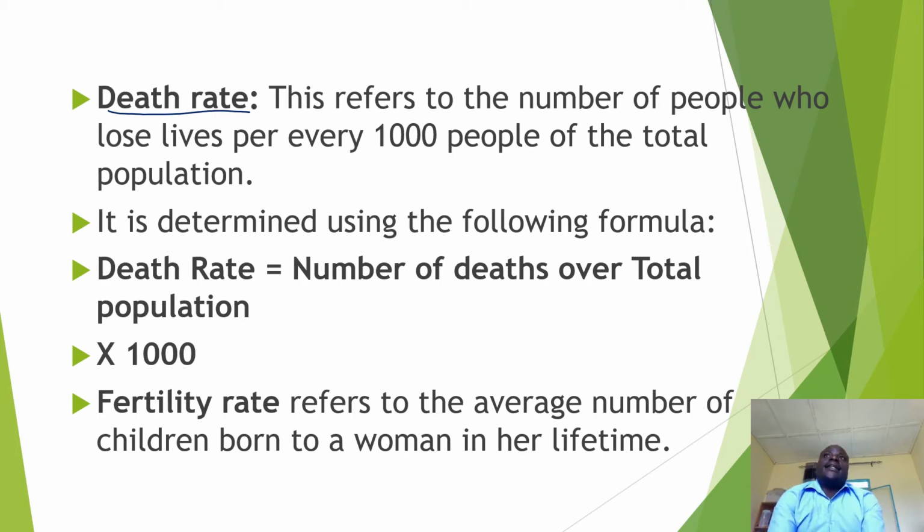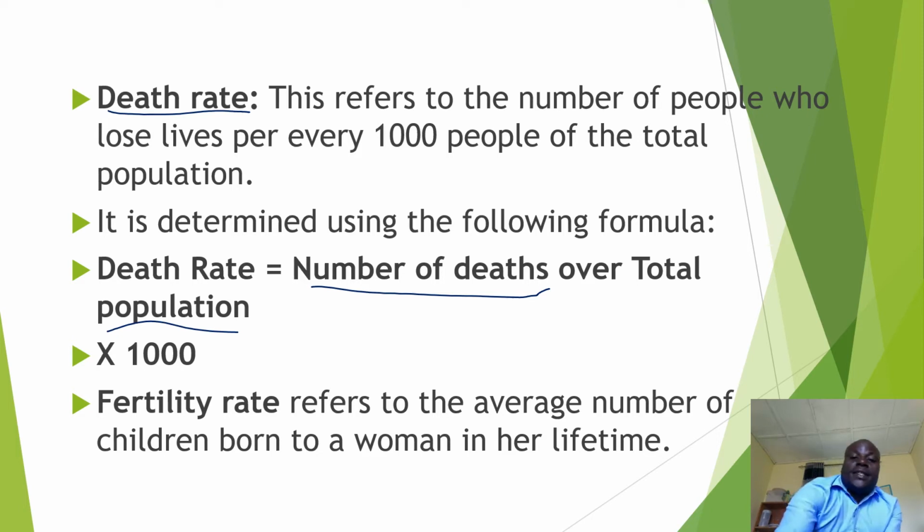And death involves both children and adults. That's why we avoid new babies. The formula is number of deaths over total population, then times 1,000. The answer you get stands for death rate.